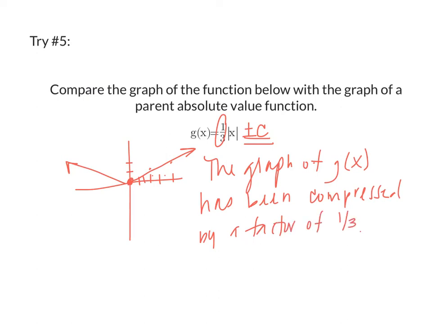Just a reminder, compression and shrink are interchangeable words. However, compressed is only for slopes, if we want to call it that, between 0 and 1, and stretch is for numbers greater than 1.